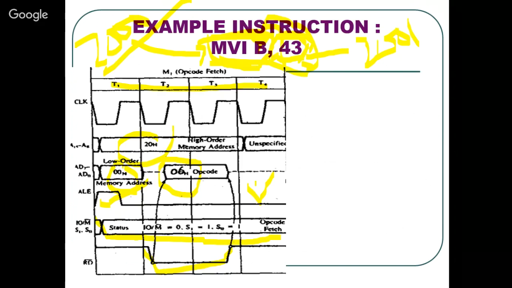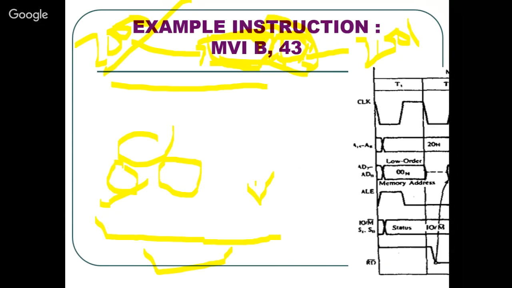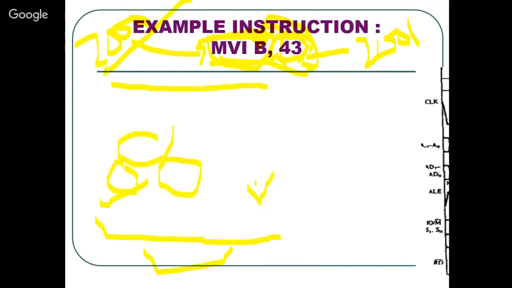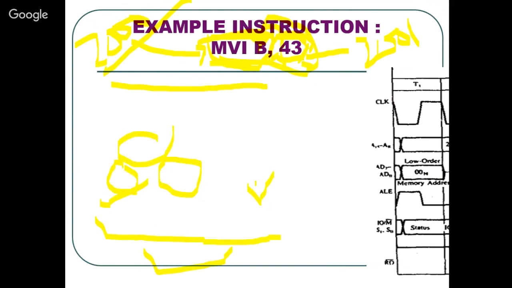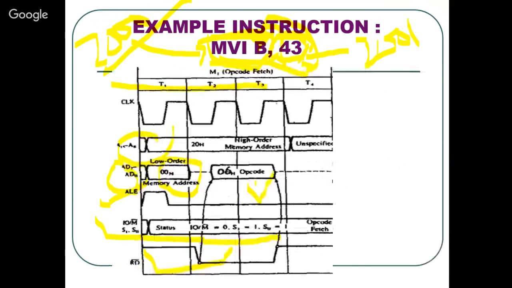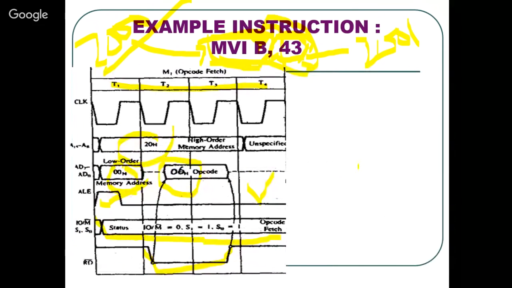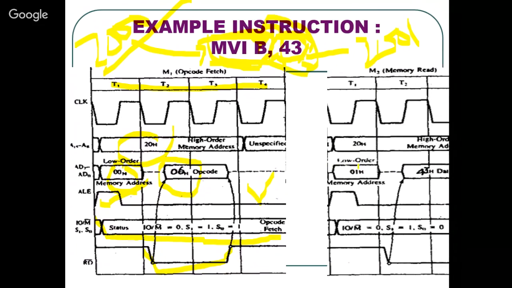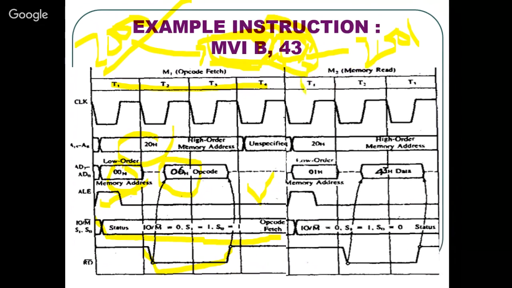So we need an additional three time states, T1 to T3 or T5 to T7. It is your choice.